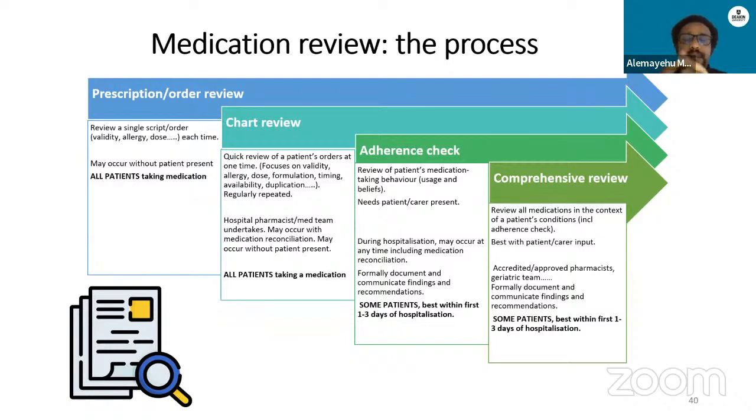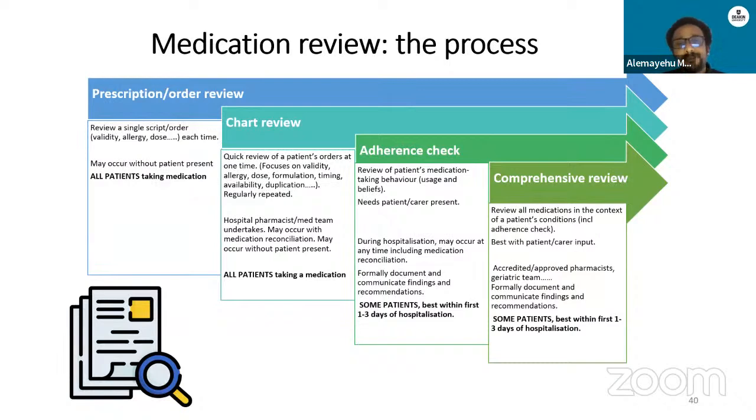It's kind of a specialized service because it needs a specialized skill set. It needs coordination of activities because it also needs, for example, contacting the patient, the nurse, the physician. You have to know the patient's case. You have to know the disease states. So it needs specialized knowledge to conduct medication review.